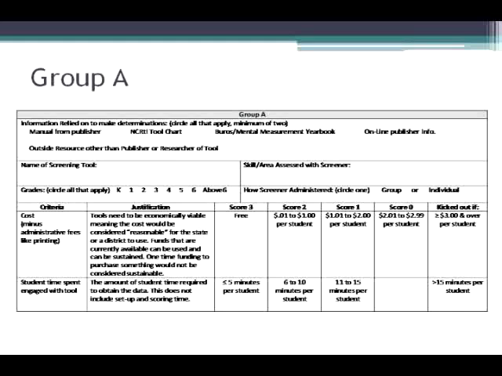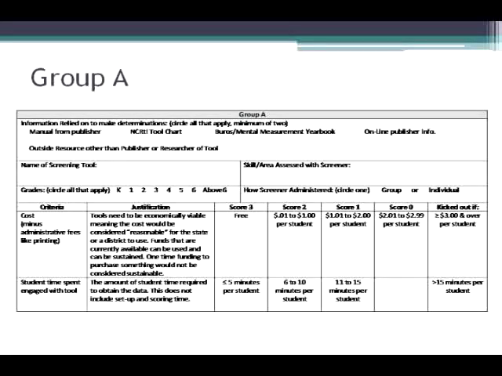The groups did not want the review pairs to be going through and working off of one source of information, not only the information from the manual from the publisher, not only the mental measurement yearbook review, but 2 separate pieces of information to make sure that there was some consistency there.